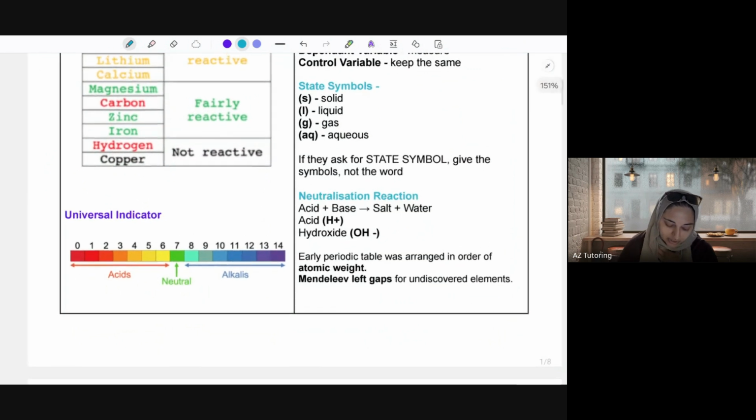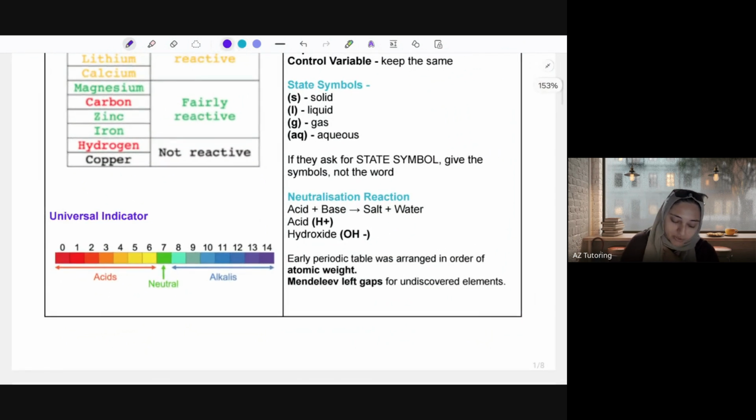Okay, universal indicator. So they always tend to ask what could you use to show what's before or after a reaction. So if you've got an acid in the reaction before, I would just recommend saying the word red if you've got an acid in your equation, and if it turns into an alkali or a base, you could say purple. You could say bluish, but purple's just safe because it's a high pH.